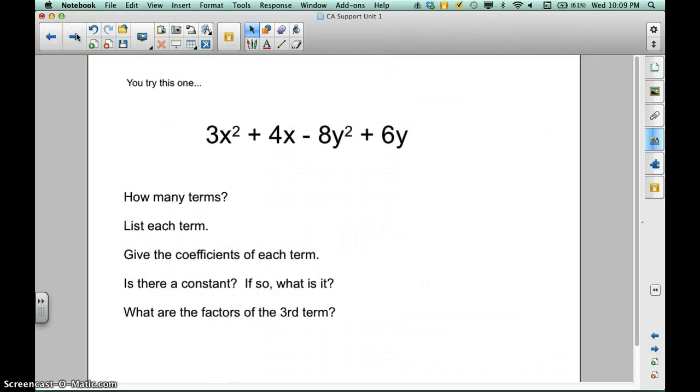You try this one: 3x squared plus 4x minus 8y squared plus 6y. Answer the following questions. You can pause the video and take a look carefully. You may also want to rewind and look back at the last screen if you didn't get it all written down, because the answers there will help you to answer the question here.